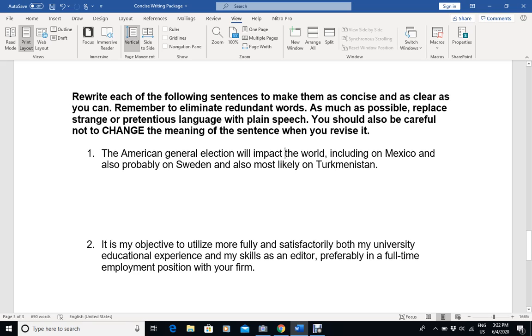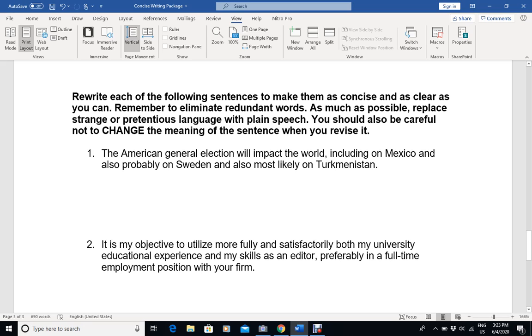Now we have this final part, including Mexico and also probably Sweden and also most likely Turkmenistan. Now, if we think about this list of three countries, then we can see that it's not really talking about them specifically.